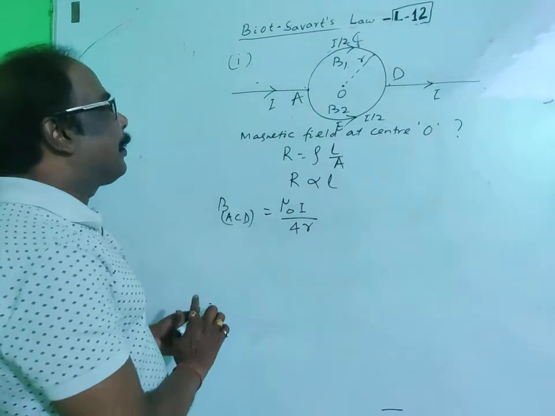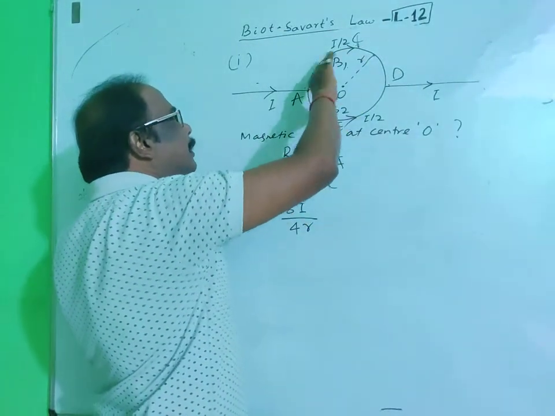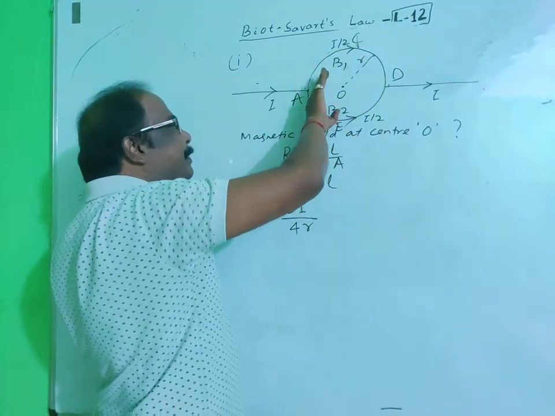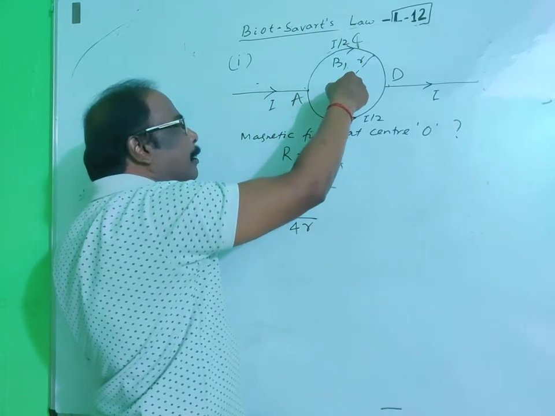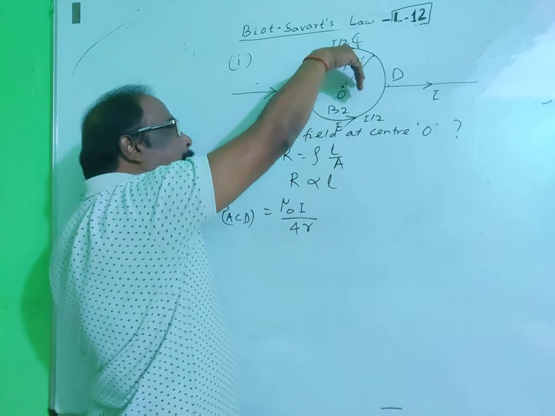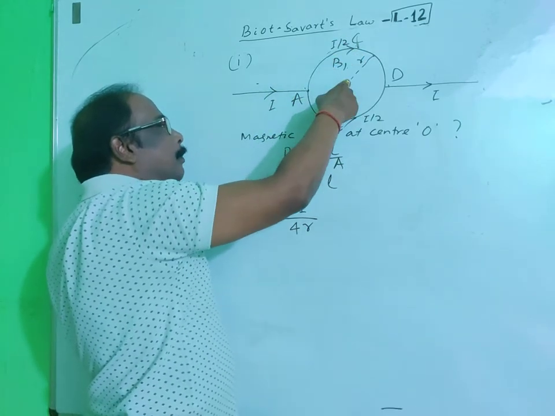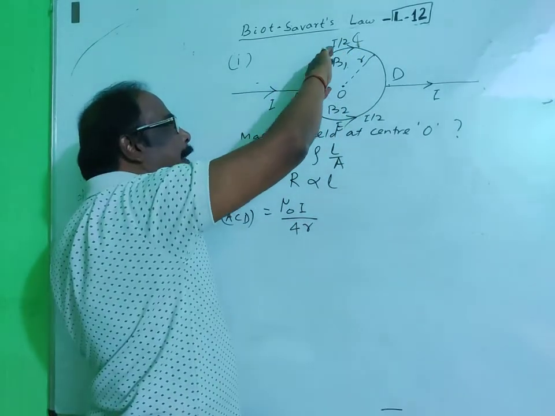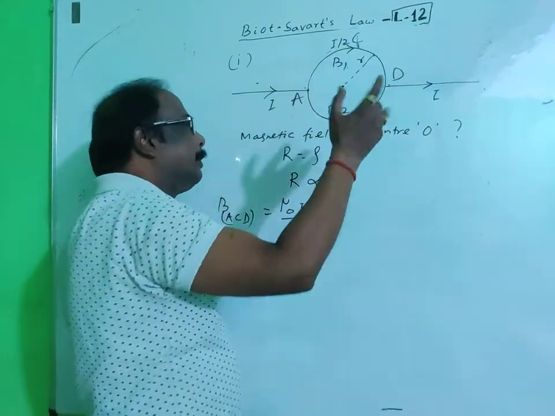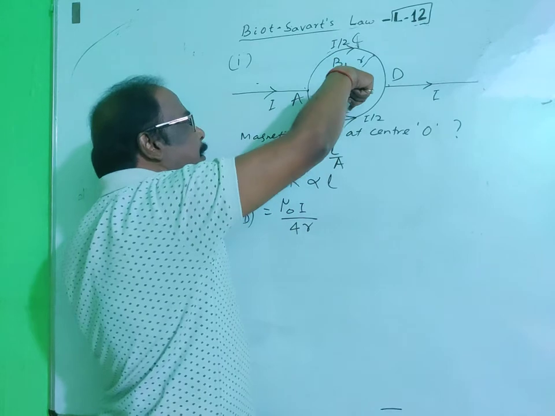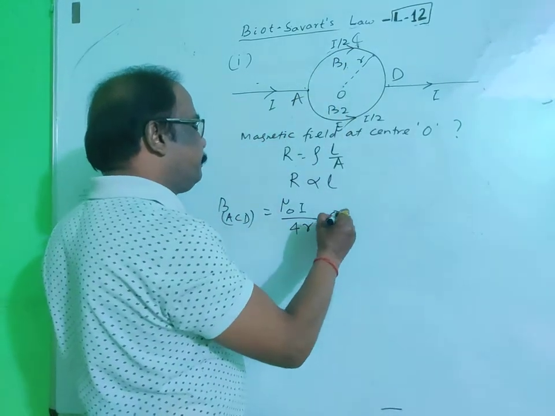At the center, for direction, simply turn your finger along the direction of flow of current, and at point O, O is inside the circle, so the magnetic field is inwards, or you may take dl cross r. Simple. Then the magnetic field is inward, meaning cross.